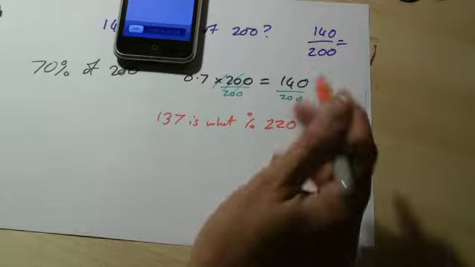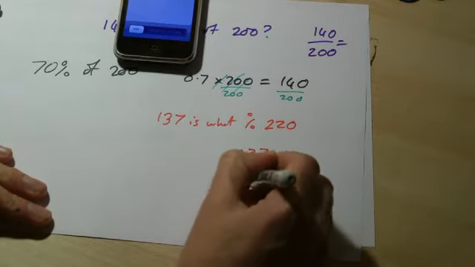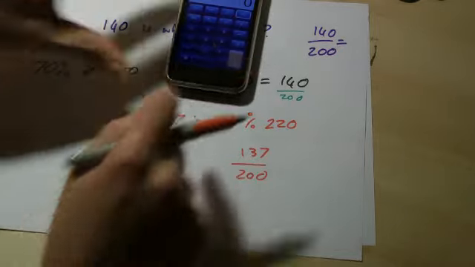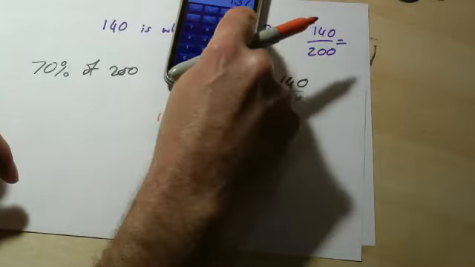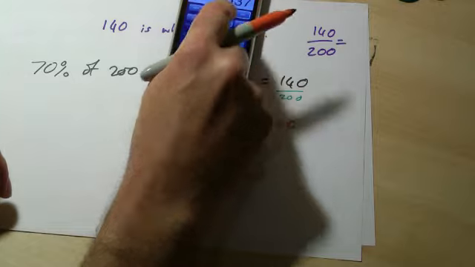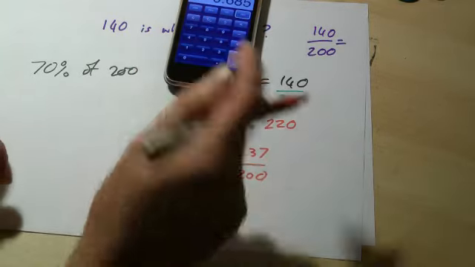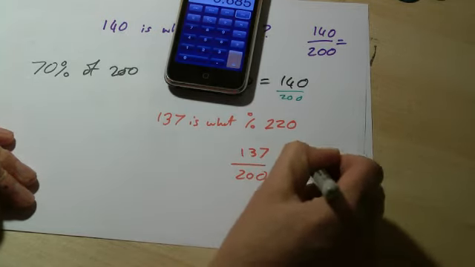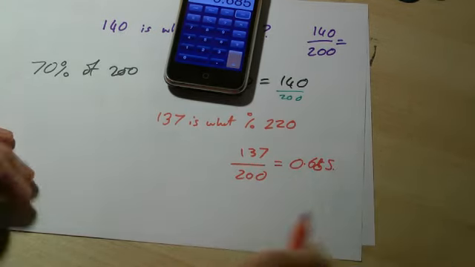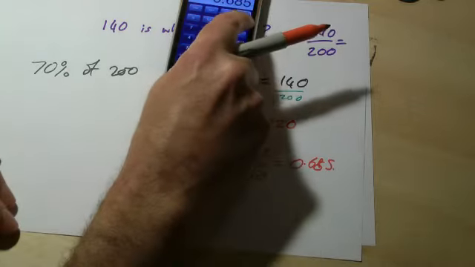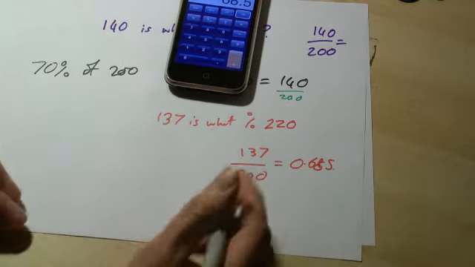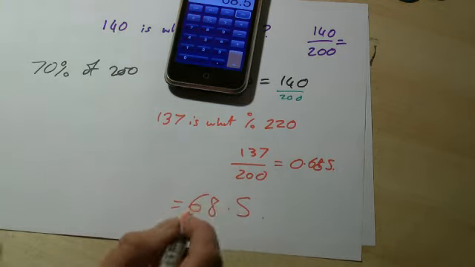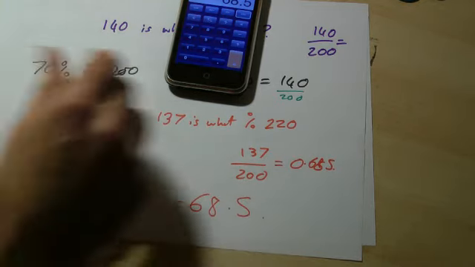So there's my formula: 137 divided by 220. There we go. 137 divided by 220 is 0.685, so that's it as a decimal. Of course, if I want it to be as a percentage, all I would have to do is multiply that by 100. So my answer is 137 is 68.5% of 220.